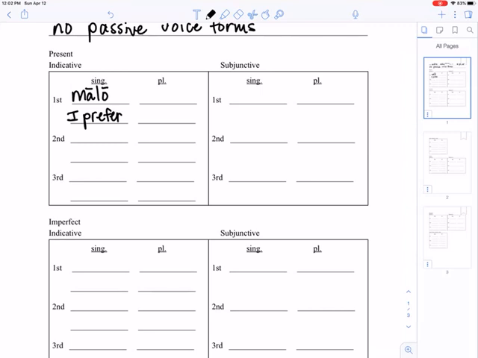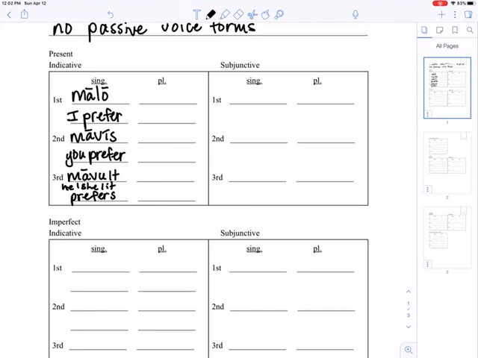Your second singular is mavis, and this is going to be you prefer. Third singular is mavult, and this is going to be he, she, or it prefers.